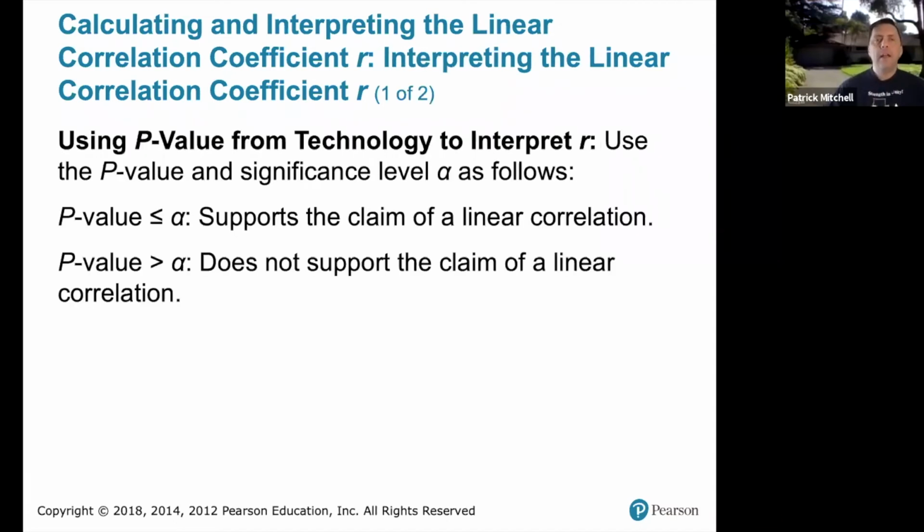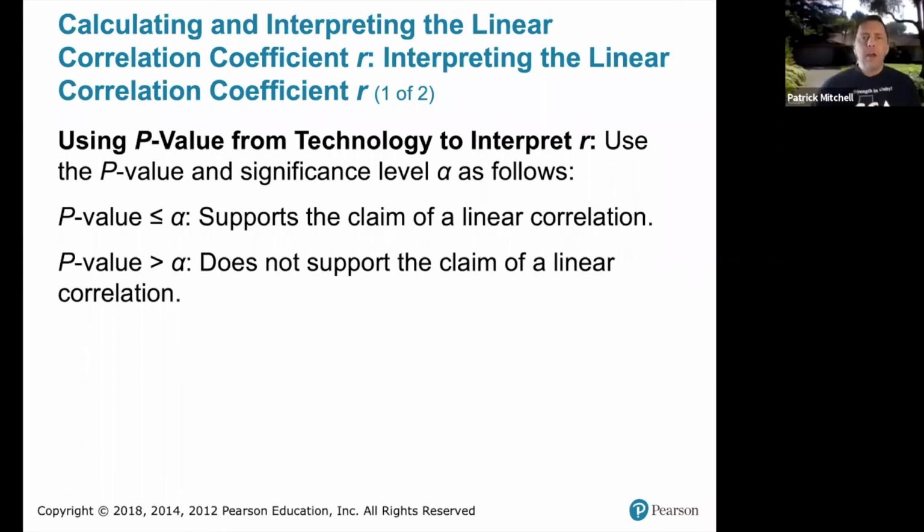All right, and then to use a p-value, just like always, if p is low, the null must go. If p is high, the null will fly. So a low p-value supports the claim of a linear correlation. Normally, and we'll get into this more later, the null hypothesis in a hypothesis test about a linear correlation is that there is no correlation.